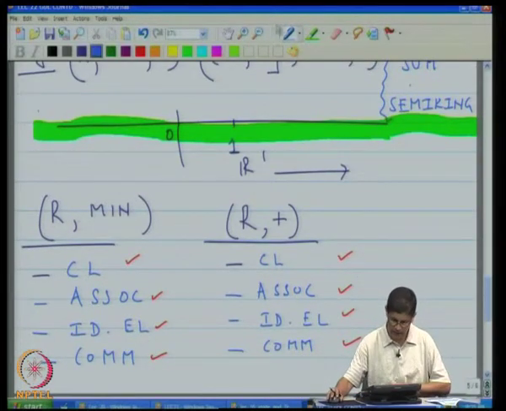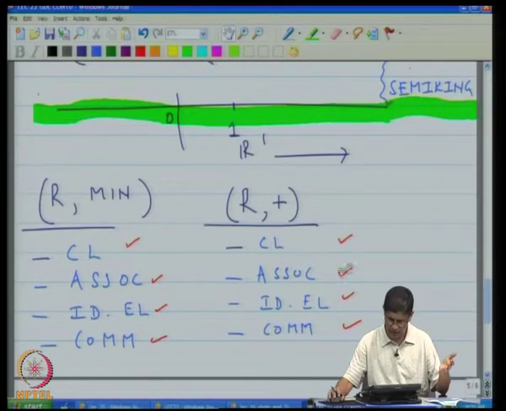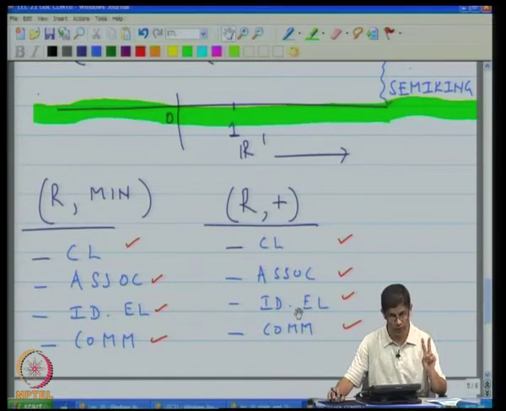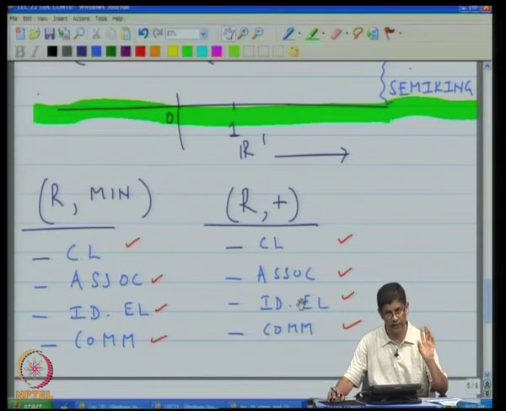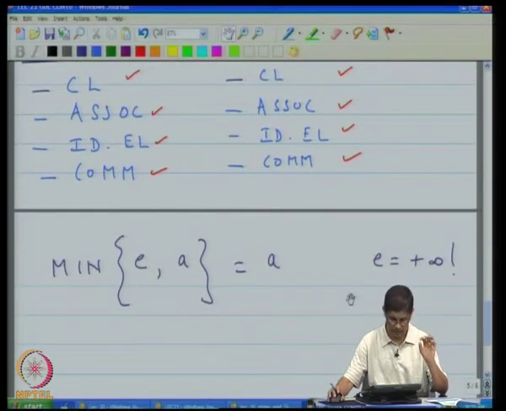And under addition, it is not hard to see that you do have a closure. In fact, we verified that. I mean, that is just the properties of the real numbers. So, all of these properties are immediate. The identity element under plus is still 0. Okay. So, the two identity elements which in the sum product are 0 and 1 are here plus infinity and 0, but you still do have these.